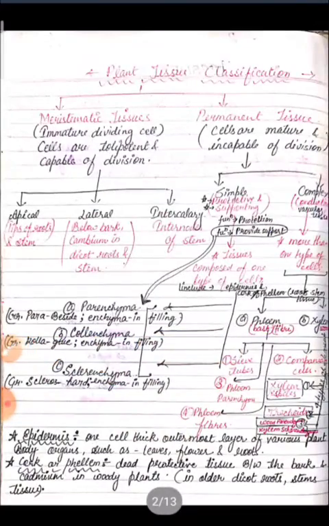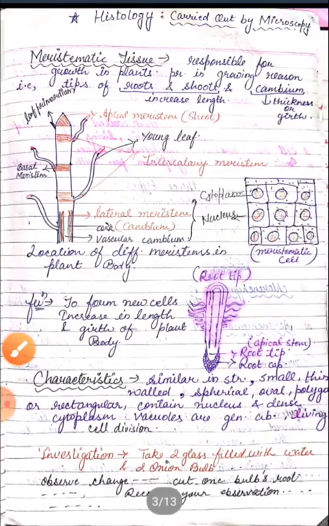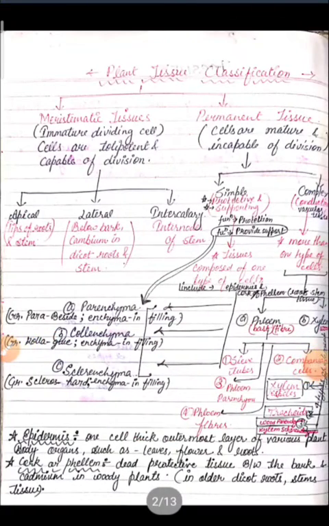Plant tissue classification has two types: meristematic tissue and permanent tissue. Here I would like to define what meristematic tissue is. Meristematic tissues are immature, dividing cells.